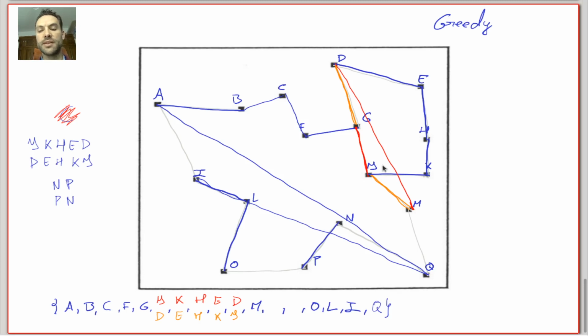I mean, the sum of the cost of the arcs in red is greater than the sum of the cost of the arcs in orange.